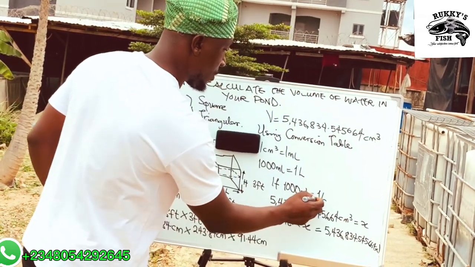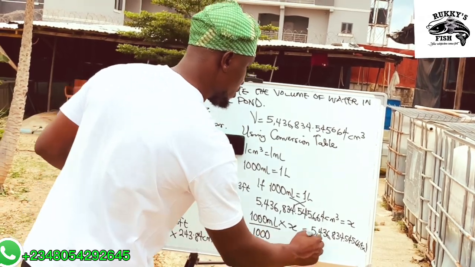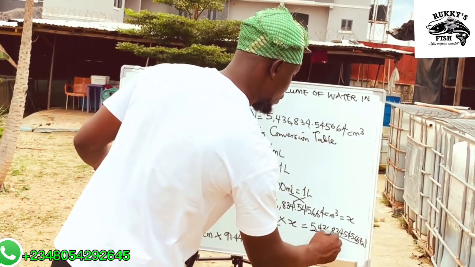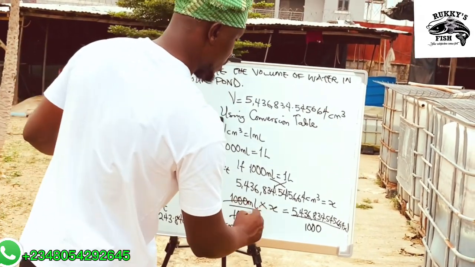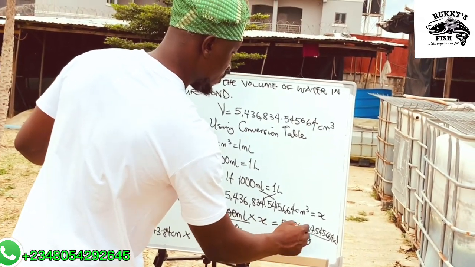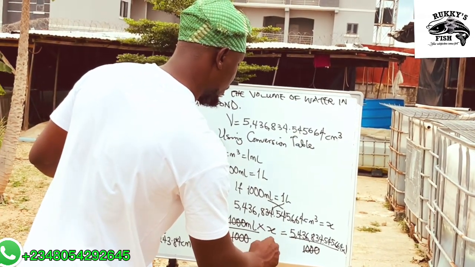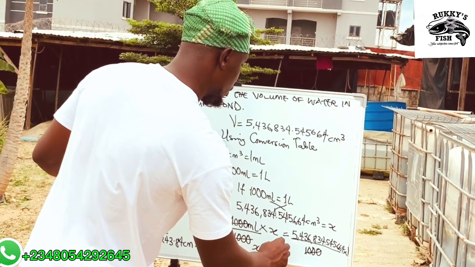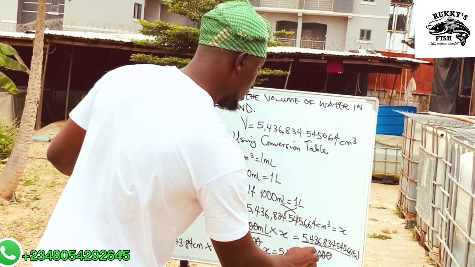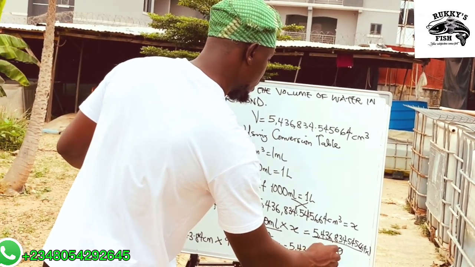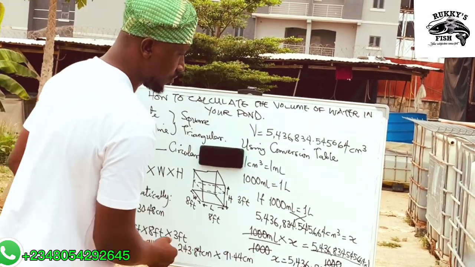Okay, remember 1 liter, so we divide both sides by what? 1000. This by what? 1000, so that this cancels this, right? And this goes into this, and what do we have? We have 5,436.834, right? Liters.